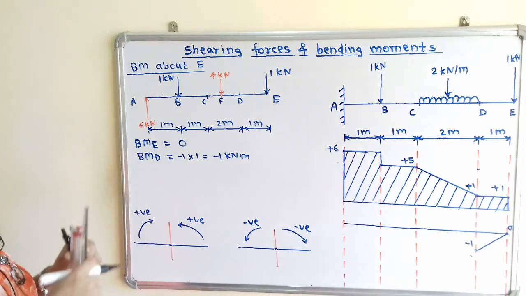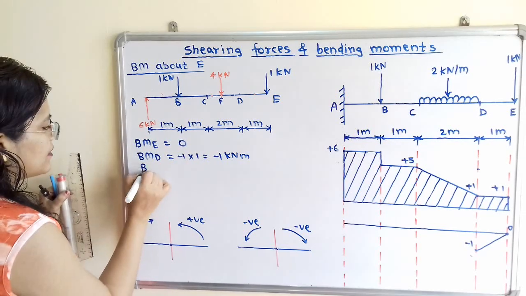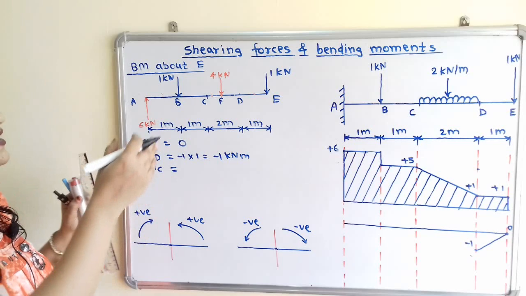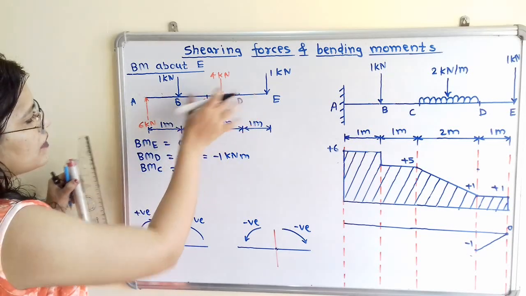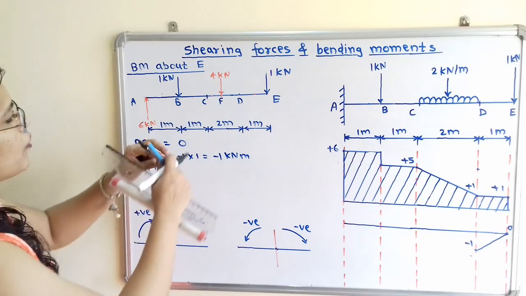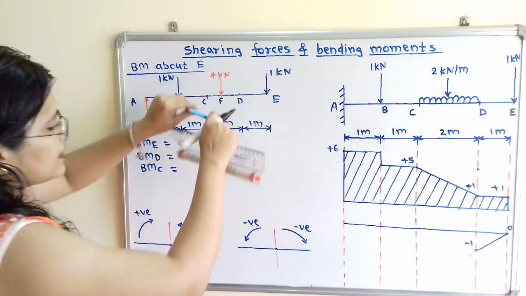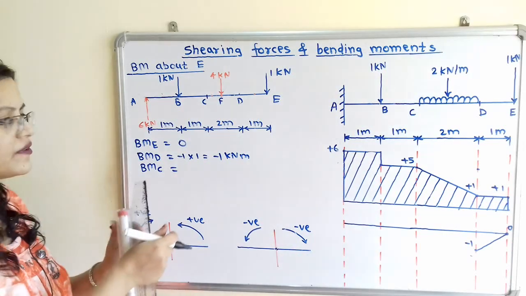Now we will move to the next, bending moment at point C. BM at point C. We will consider the right hand side forces. If I move the compass about point C in the 1 kilonewton direction, then it is in clockwise direction. So we have to use the negative sign.